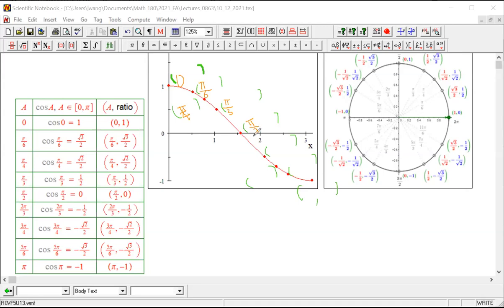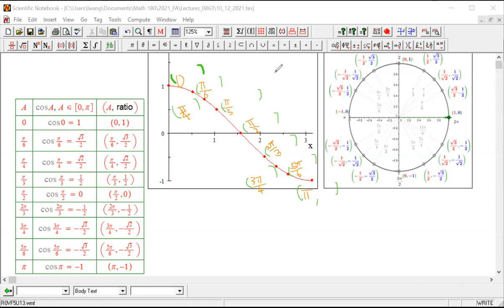You guys get it? 2 pi over 3. And this is 3 pi over 4. Like we emphasized yesterday, it's about understanding, not about memorization.